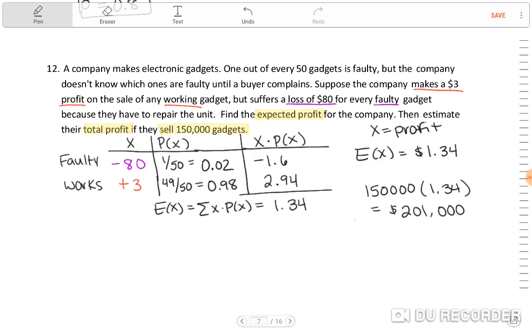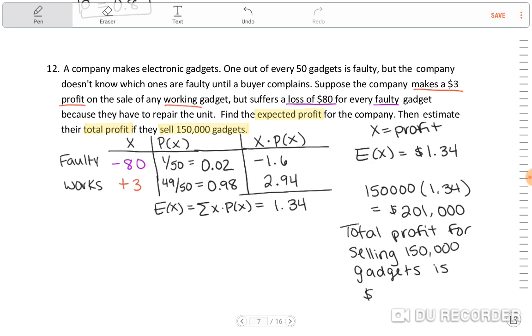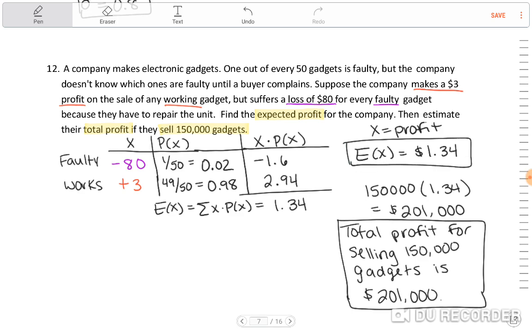Total profit for selling 150,000 gadgets is $201,000. This is my expected value. I'm going to box that too. Okay.